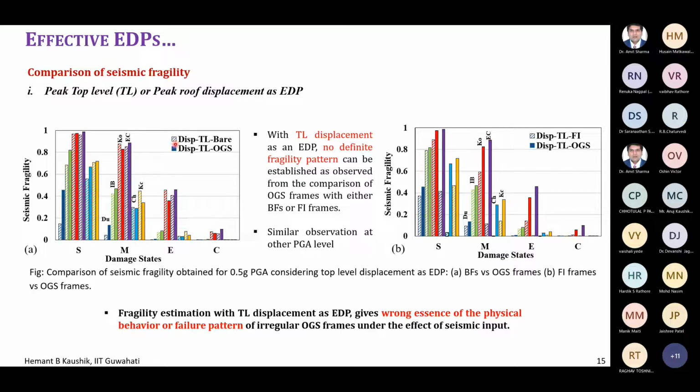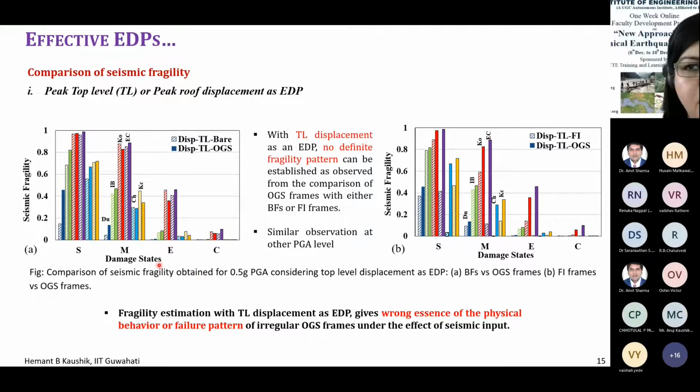The shaded bar charts represent the bare frame, and the filled bar charts represent the open ground story. So you can see here that there is no definite pattern, right? In some cases, the bare frame fragility is more. In some cases, the open ground story fragility is more.